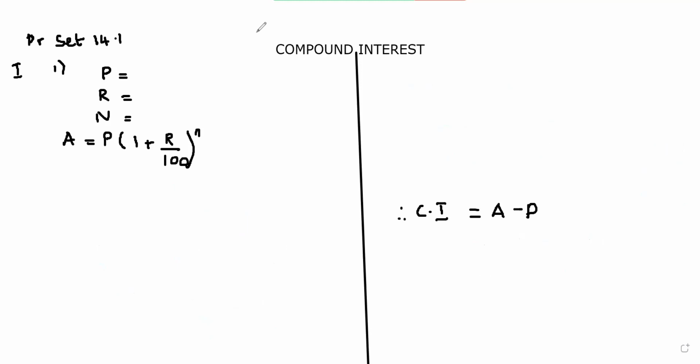Now, we'll see the next question, question number 2. Principal is equal to rupees 5,000. Rate of interest is 8 percent per annum. And number of years, 3 years.